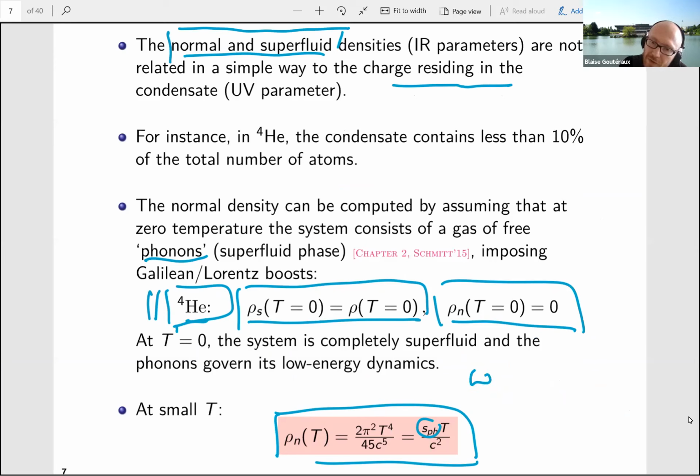Your starting point is that in your system you have a linearly dispersing mode with some velocity c, which is your Goldstone mode. This is a very nice result, and the reason I'm quoting it is that I will be coming back to it and showing how what we obtained relates to this. This is obtained in a limit where c is much less than 1 in natural units, so much less than the speed of light.